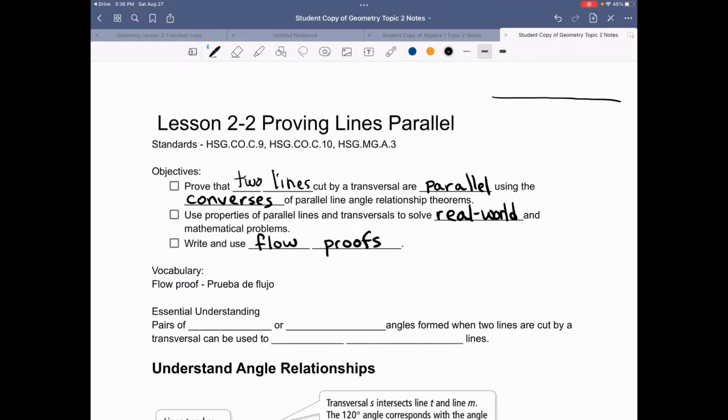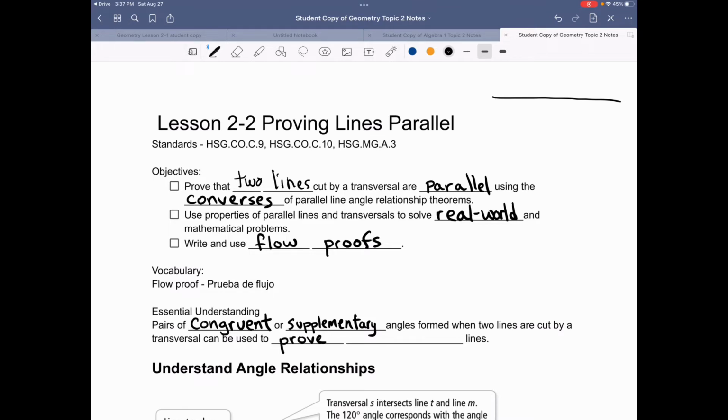Your vocabulary is just flow proof today. In Spanish, it's prueba de flujo. We have pairs of congruent or supplementary angles formed when two lines are cut by a transversal, and they can be used to prove parallel lines.